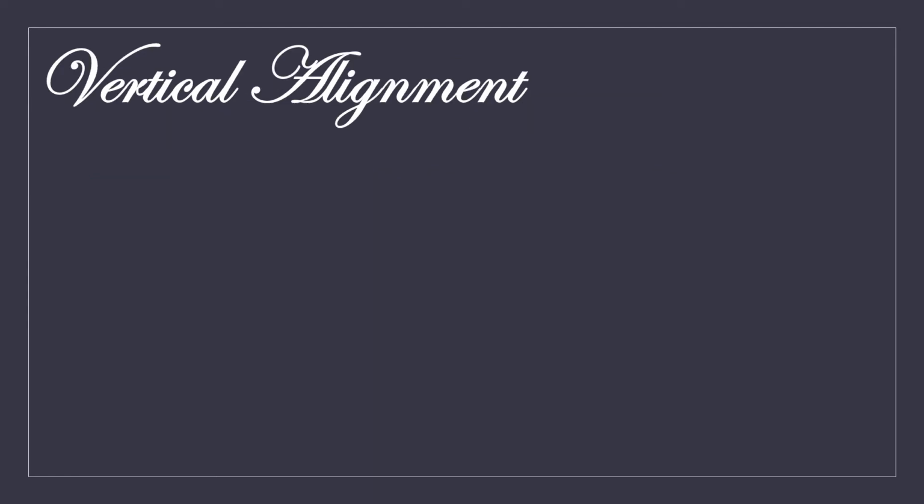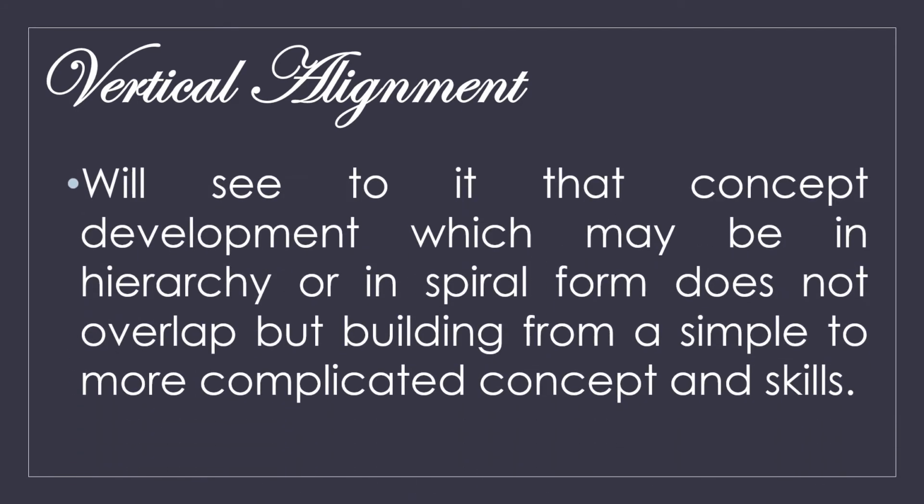Okay, next we have the vertical alignment. It will see to it that concept development, which may be in hierarchy or in spiral form, does not overlap, but builds from simple to more complicated concepts and skills.